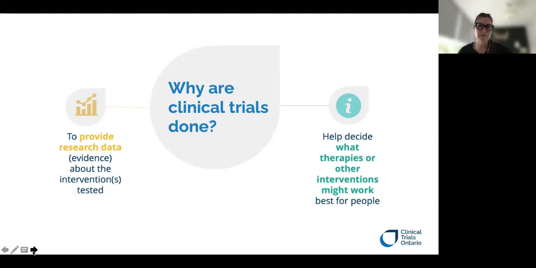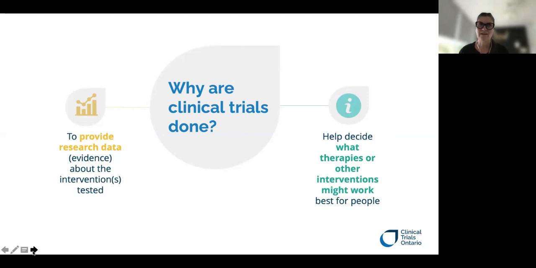And it also helps policymakers and decision makers decide what might be covered if you're within a healthcare system where different treatments are provided to different people, or insurance companies, what they're going to cover as well.